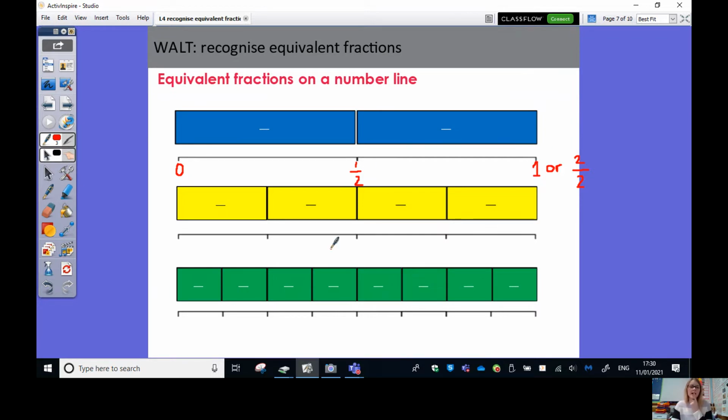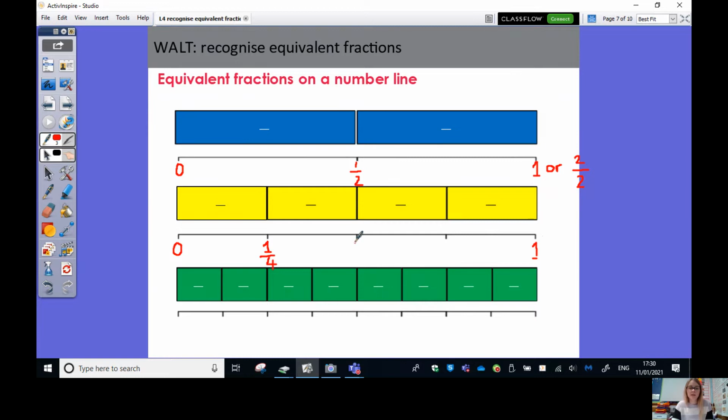Okay, for the second one, I want you to think, how many parts is this split up into? What is going to be my denominator? Okay, hopefully you counted 1, 2, 3, 4. So it's split into 4 parts, which is quarters. So I know my denominator is going to be 4. But remember, I need to start with 0 at the beginning. So I'm going to label my 0 and 1 first. So my first one, you can say this along with me, is going to be 1/4.